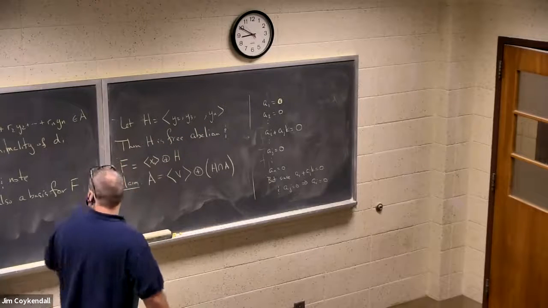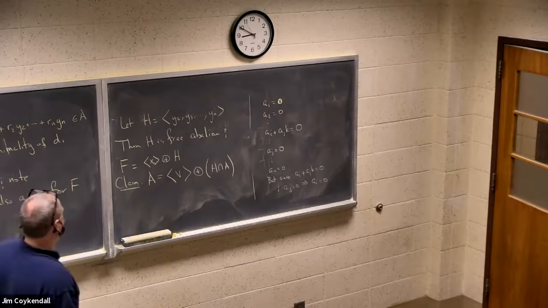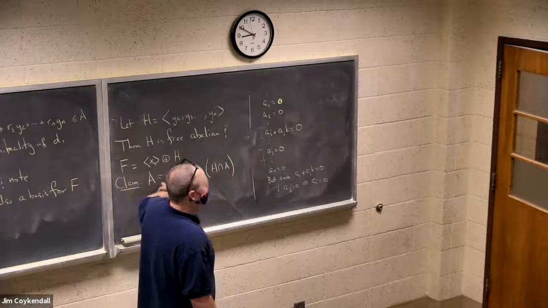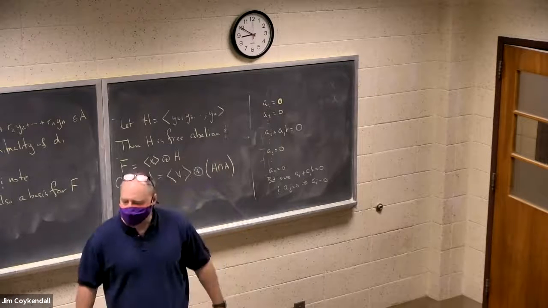F is X1 direct sum H. And this is where we're going for next time to finish things off.